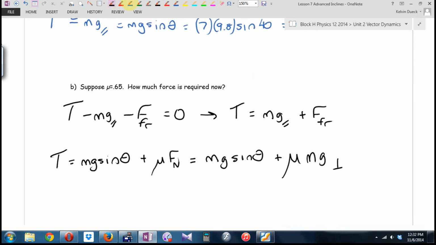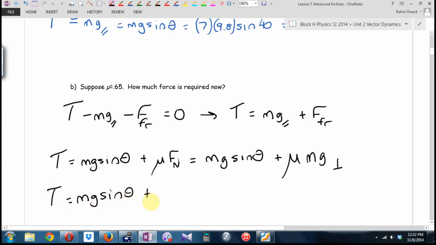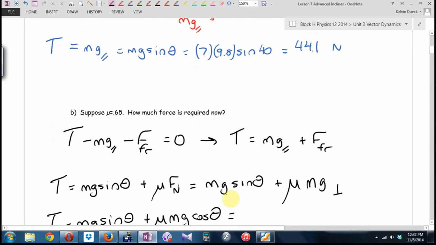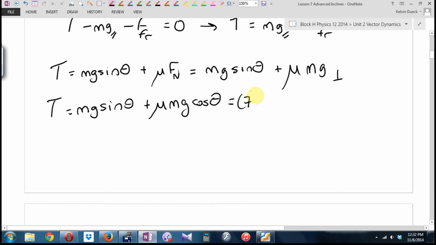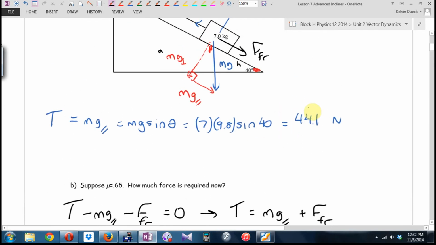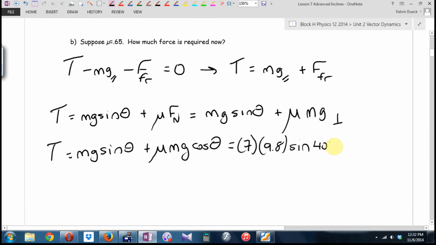So, let's put it all together. Tension is going to be mg sine theta plus mu mg cos theta. What was m? 7 times 9.8 times sine, what was theta? 40, plus mu 0.65 times, you're going to run out of room.